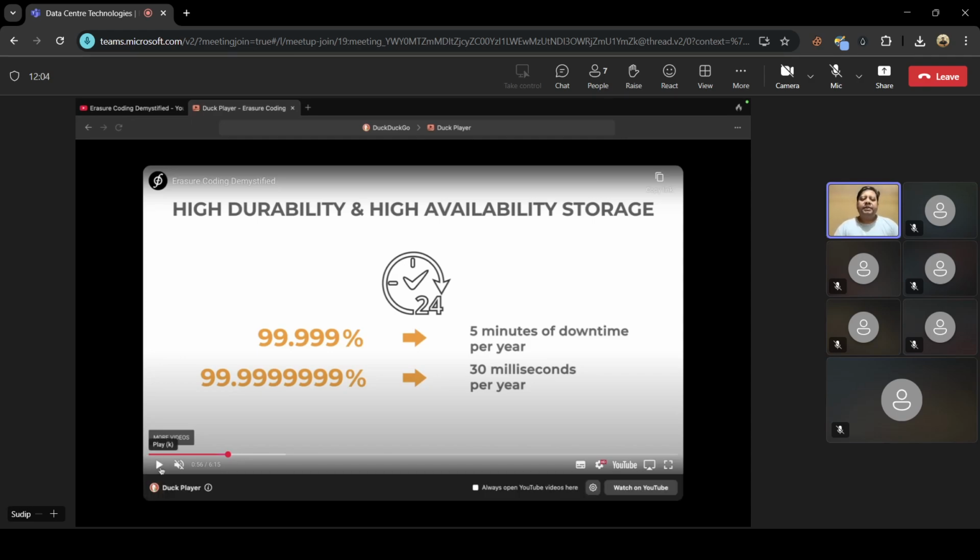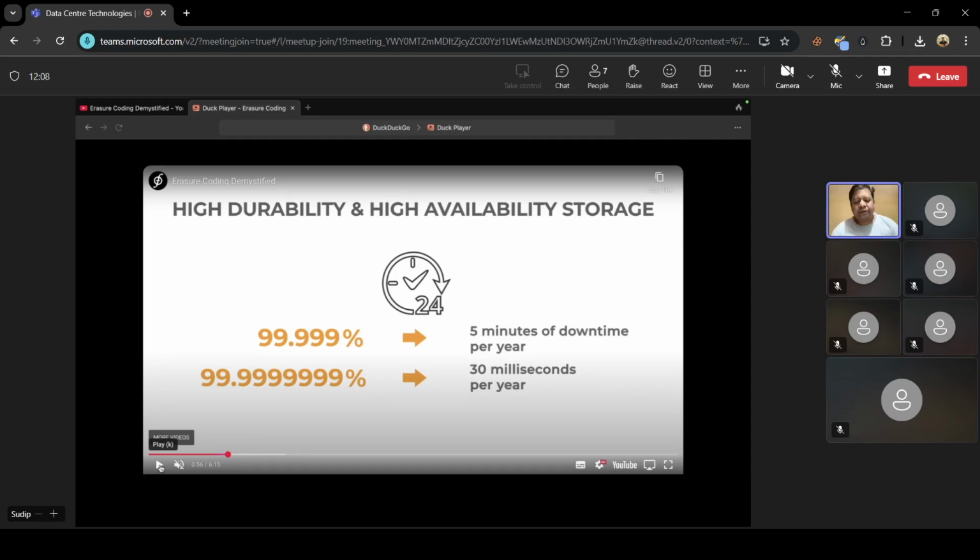Now, availability is also not just measured in how much data loss you can take, but also how much downtime. If it is 5 nines availability, your system can be down only for about 5 minutes in an entire year.